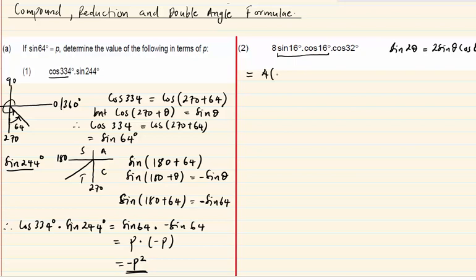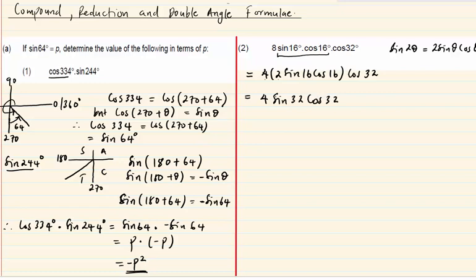We can actually write this one as 4 multiplied by 2 sine of 16 cos of 16 multiplied by cos 32. So 4 times 2 gives me 8, so those two expressions are equivalent. So it follows then that I'm going to have simply 4 times sine 32 multiplied by this cos 32 again.